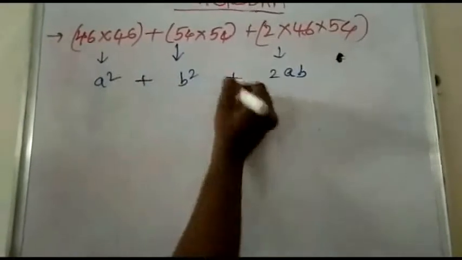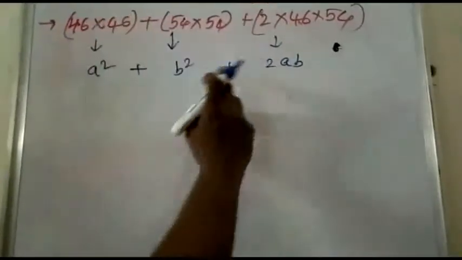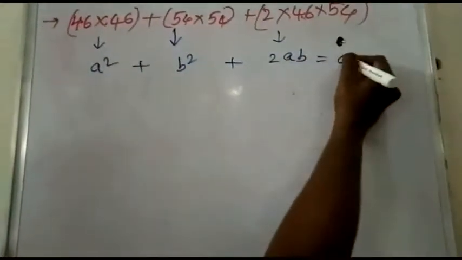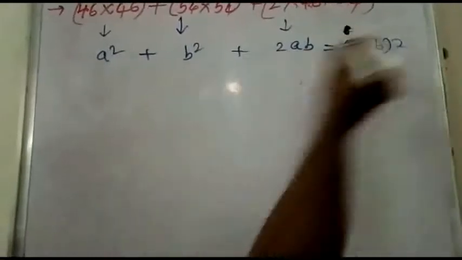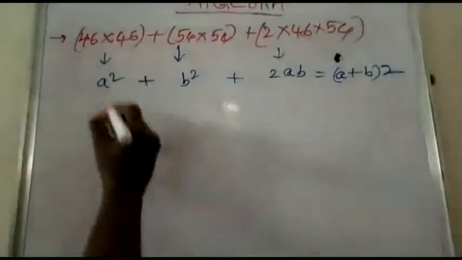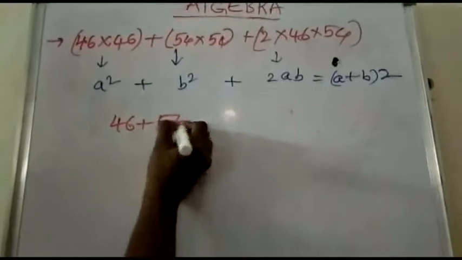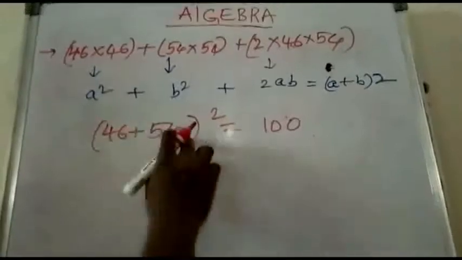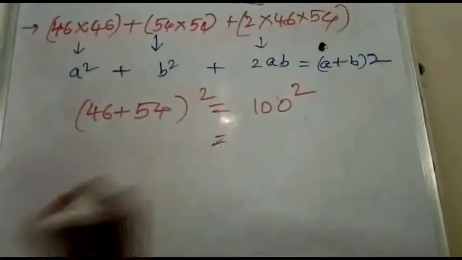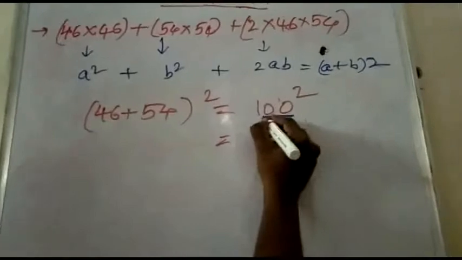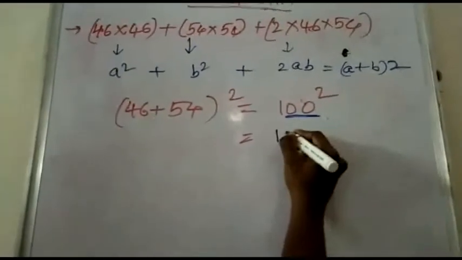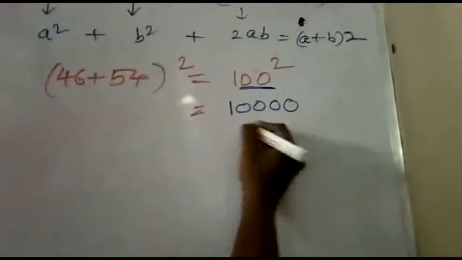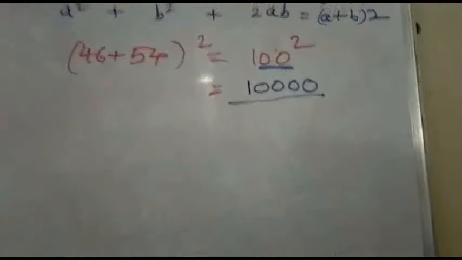What is a here? 46. What is b here? 54. A square plus b square plus 2ab is a plus b whole square. So directly, 46 plus 54 whole square. 46 plus 54 is 100. 100 square means there are two zeros, so we will get double the zeros in the square. So 4 zeros will come. That means the answer is 10,000.